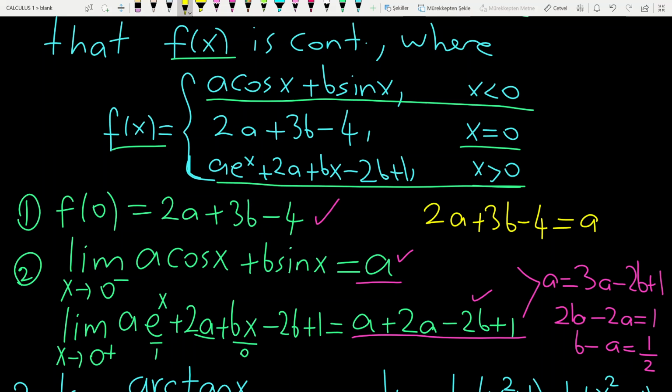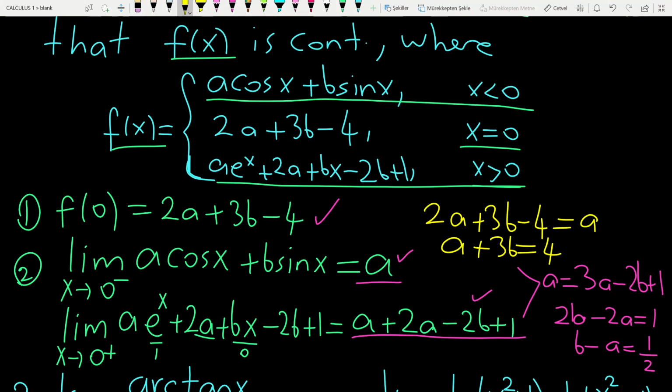In this case, if we rearrange this equality, we have a plus 3b minus 4 is equal to 0, so a plus 3b is equal to 4.